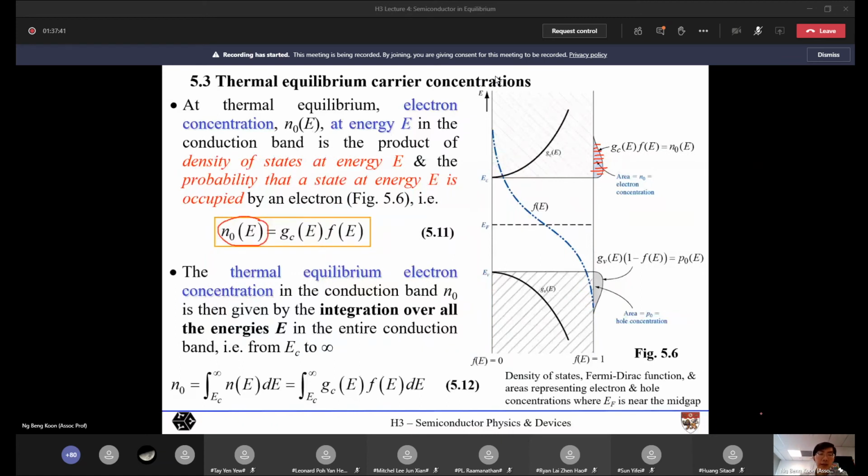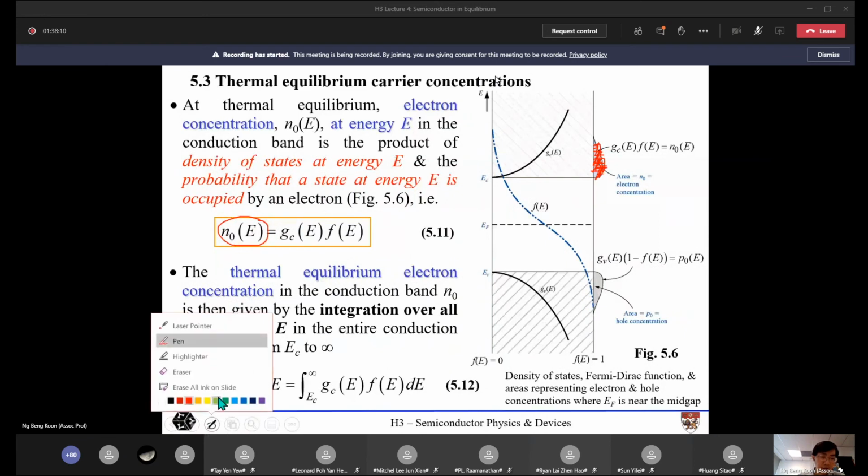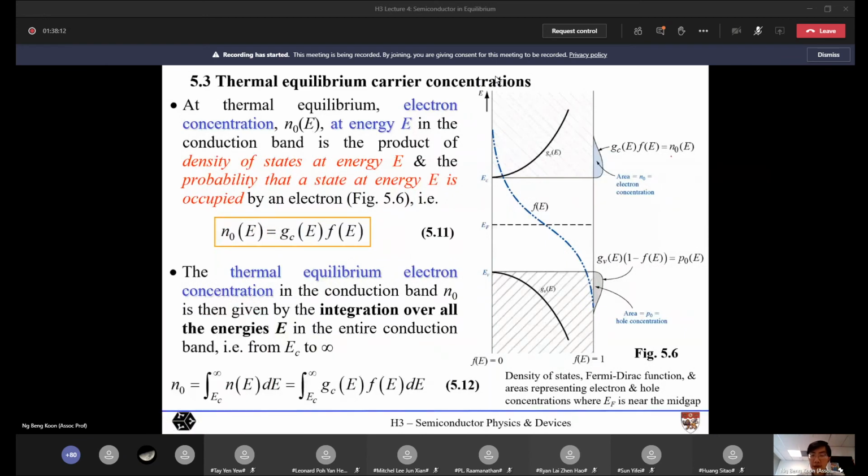Of course, in reality, when we look at electrons in the conduction band, we're not bothered with which energy level they are at, but rather how many there are in the conduction band. So the parameter we're interested in is the sum of all these electrons, in other words, in a limiting case, the total number of electrons in the conduction band, which corresponds to the area under the curve.